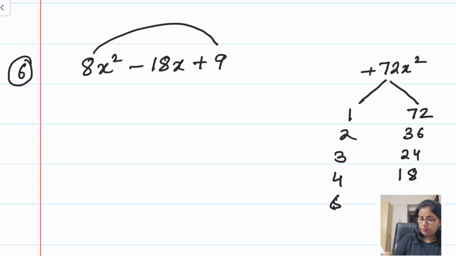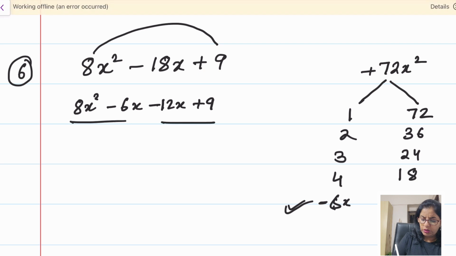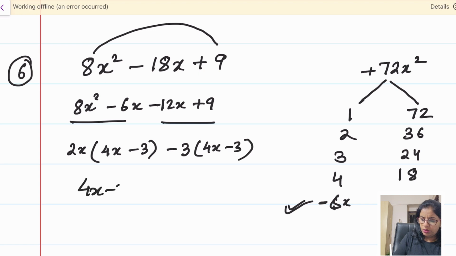This is our choice. 8x square, but this time both should be negative. And the product will come as positive, 72x square, and the sum will come as minus 18x. So minus 6x minus 12x plus 9. Common factors between them. We take 2x as a common factor, 4x minus 3. Minus 3 common. So 4x minus 3 comes out, 2x minus 3. That's your answer.